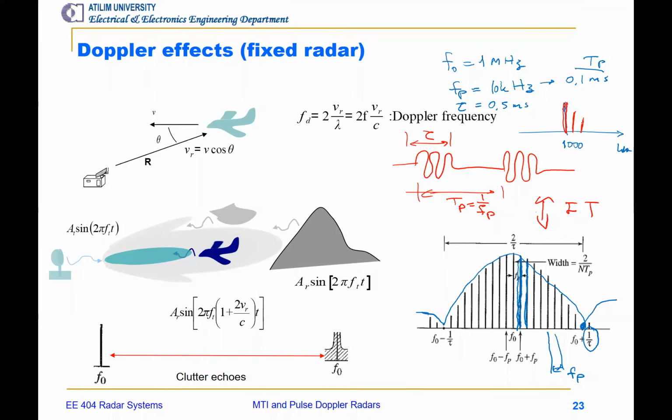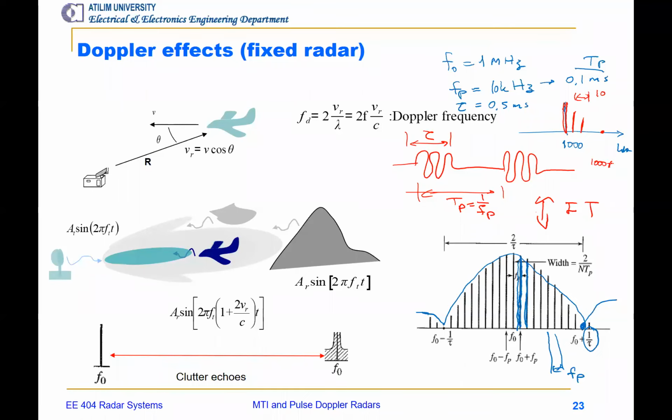So the spacing here is going to be PRF, so 10 kilohertz. And here it is 1000 plus 1 over tau, which means that 1 over tau is 2 kilohertz, right?